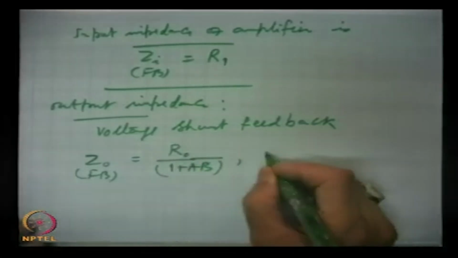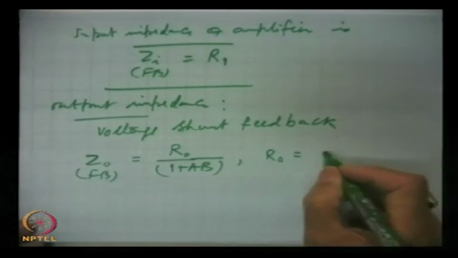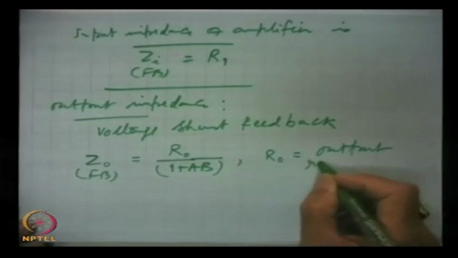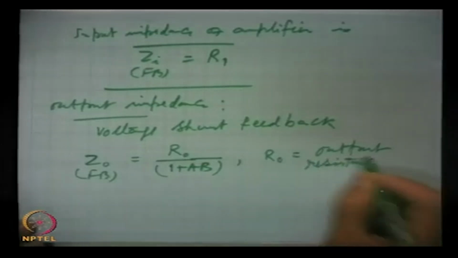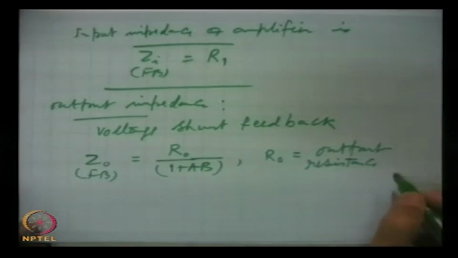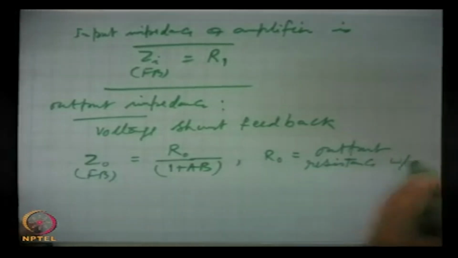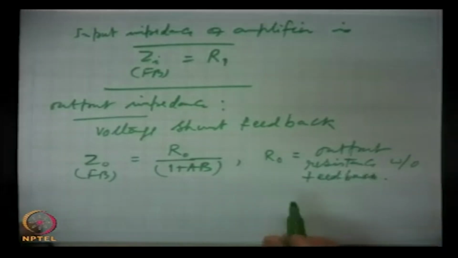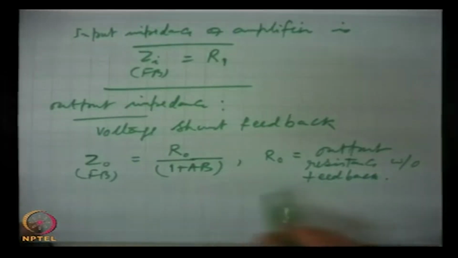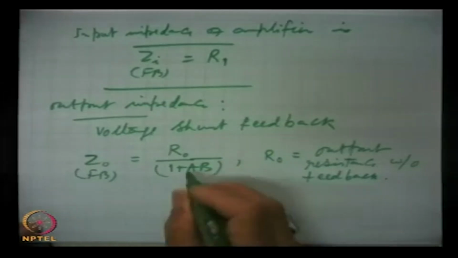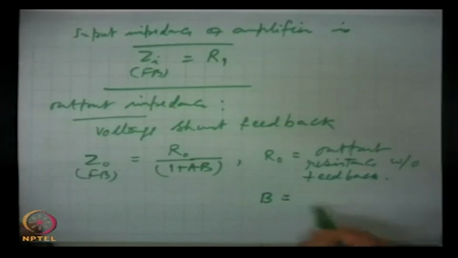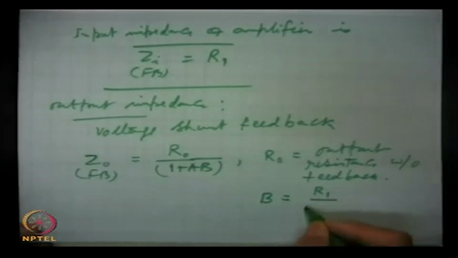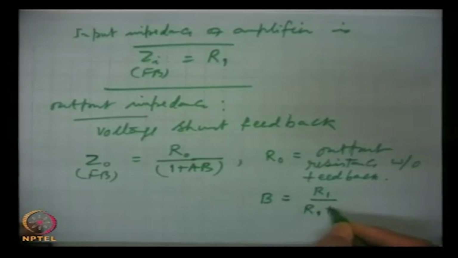Here RO is the output resistance or impedance, same thing at smaller frequencies. So, output resistance without feedback, and A is the open loop gain, and B is equal to R1 by R1 plus RF.